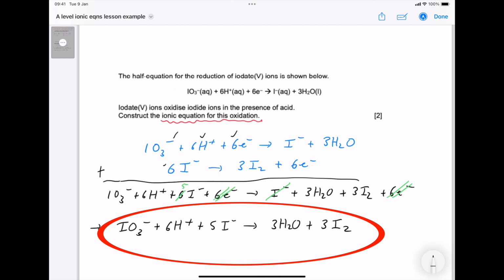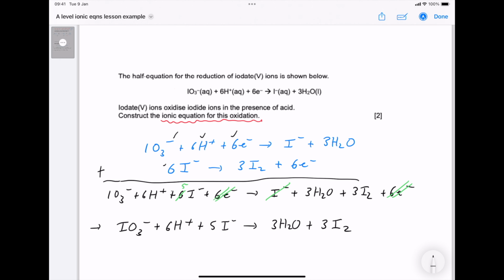Now, remember what I said above. I have to make sure that the ionic equation is both atom balanced and charge balanced. So I can see that on the right-hand side, the total charge is 0. There are no charges on water or iodine. So let's check the left-hand side. We've got 6 plus, negative 5 there, and negative 1 there.